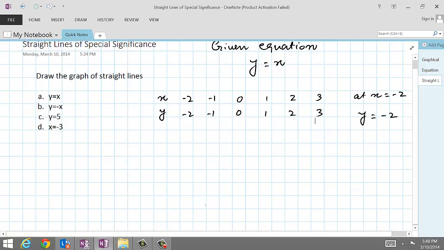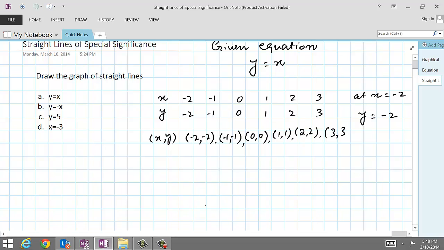The ordered pairs we can have from this table of values would be (x, y): (-2, -2), then (-1, -1), then (0, 0), then (1, 1), and the next ordered pair would be (2, 2), and the last one would be (3, 3).